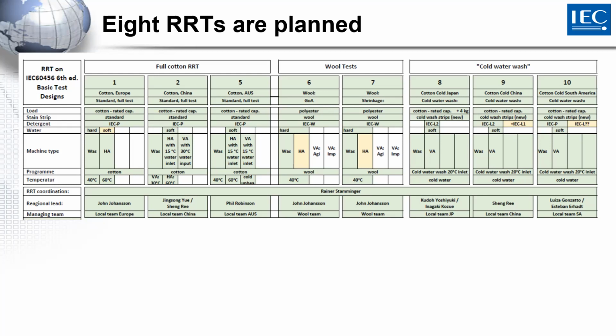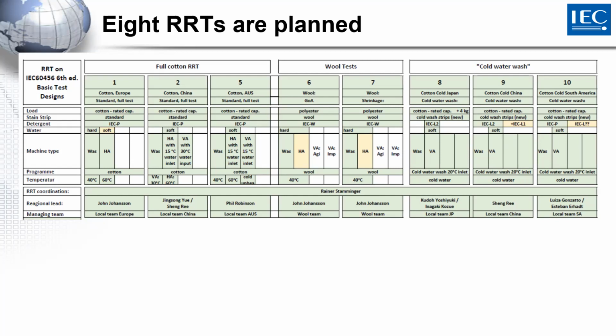And this means we have 3 local teams which take care of this. And the leaders of these regional teams are John Johansson, who is with us today, Jing Song Yu and Zhang Ri, and Phil Robinson. So they are all with us here. And they will be the heads of these regional round-robin tests.